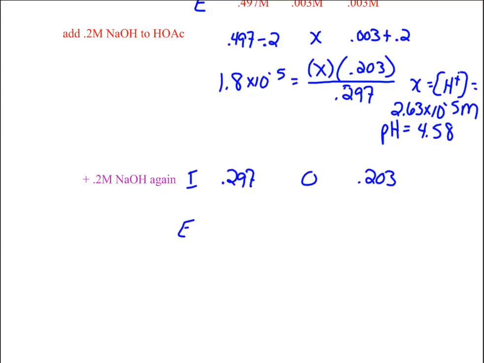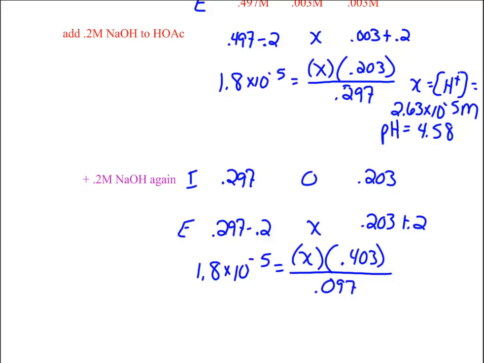So at equilibrium, I'm going to have 0.297 minus 0.2 minus X here and 0.203 plus another 0.2 molar acetate ion being liberated. So to find my hydrogen ion concentration, again the same thing, put it into my K expression and solve for X. When I solve this, I get an X, which again is my hydrogen ion concentration, of 4.33 times 10 to the negative 6 molar, and my pH for this solution is 5.36.